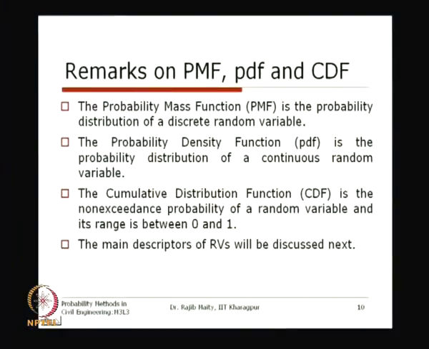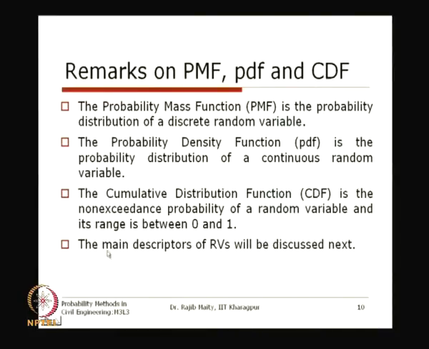Some notes on this: the PMF is the probability distribution of a discrete random variable. The PDF is the probability distribution of a continuous random variable. The CDF is the non-exceedance probability of a random variable, and its range is between 0 and 1.